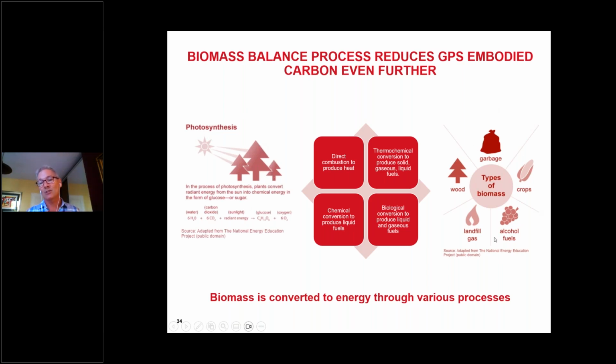But we also have all this other stuff over here on the far right-hand side, different types of biomass. So, corn crops, garbage, wood from trees, gas that comes from landfills, alcohol maybe that comes from fruits and grains. All of those can actually become raw materials for our various manufactured products.